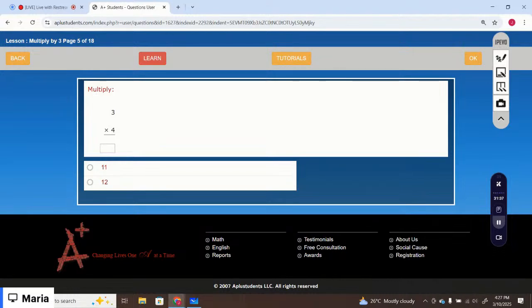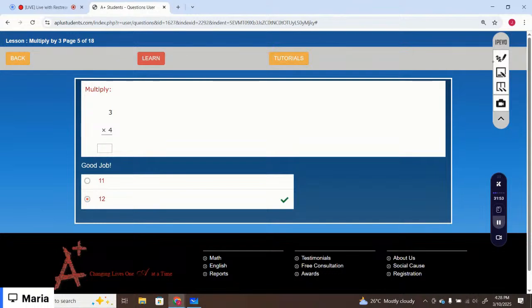Three times 4 equals 12. Option number 2 is the correct option.